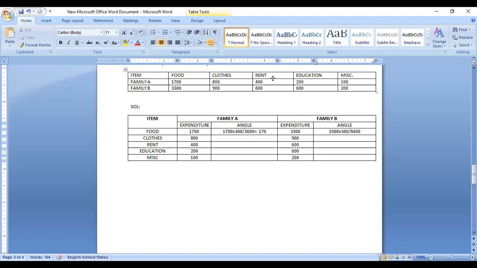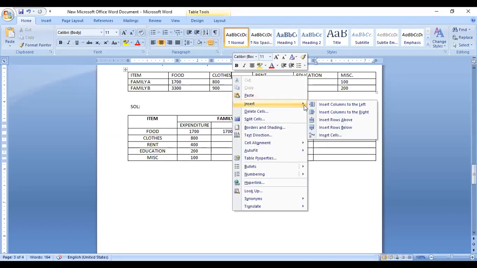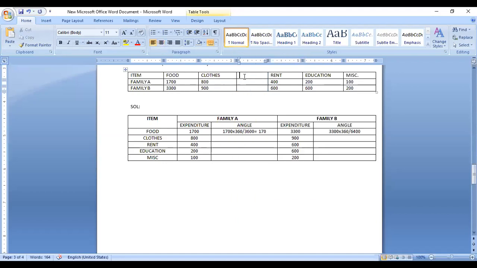So dear friends, I have missed one more column here. After clothes, another item is there, that is fuel. I have missed that item. Here it is 400, here it is 800.